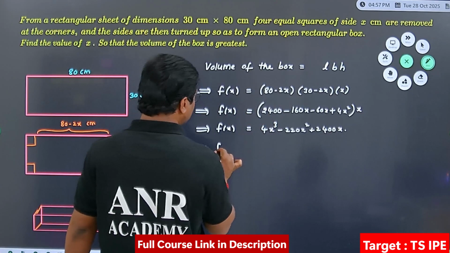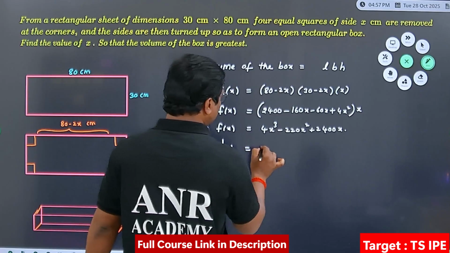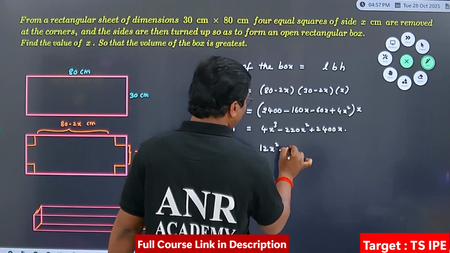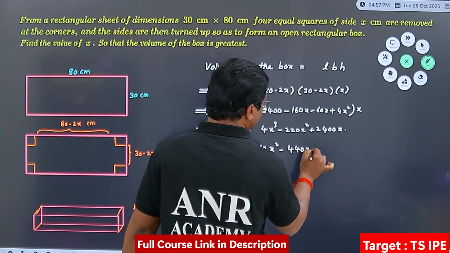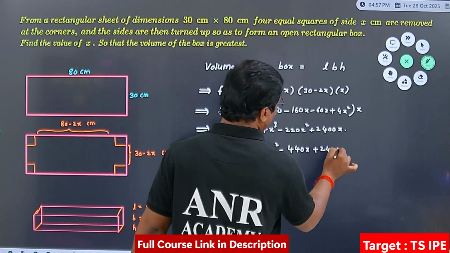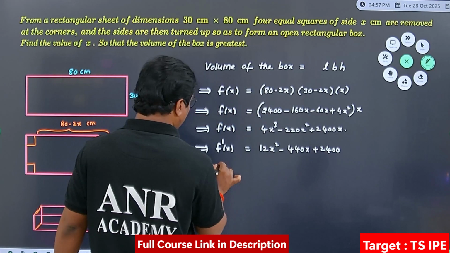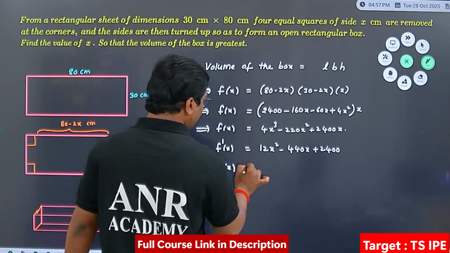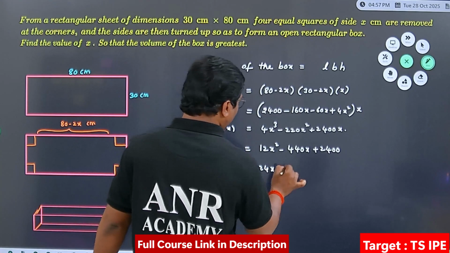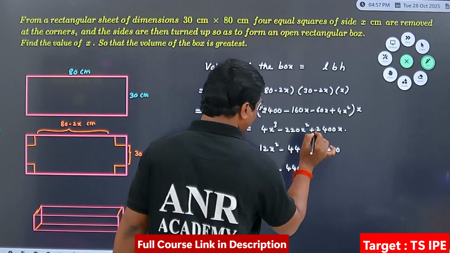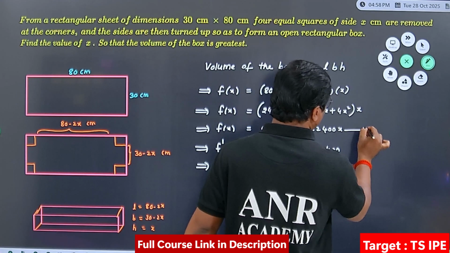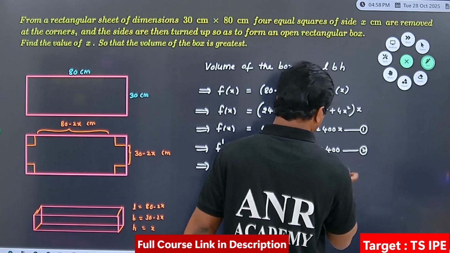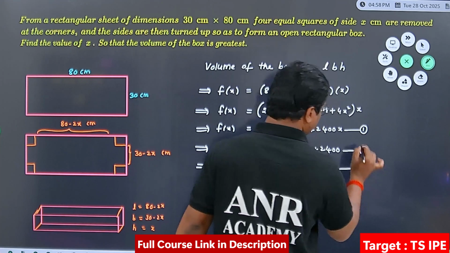If you differentiate this, we get f dash of x, that is 12x square minus 440x plus 2400, and double derivative written as 24x minus 440. This is result 1, and this is result 2, and this is result 3.